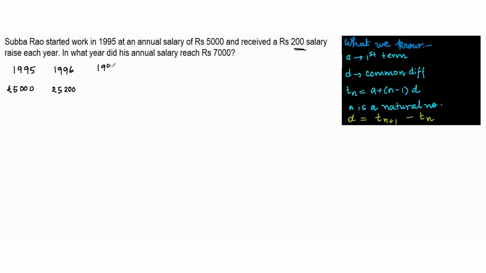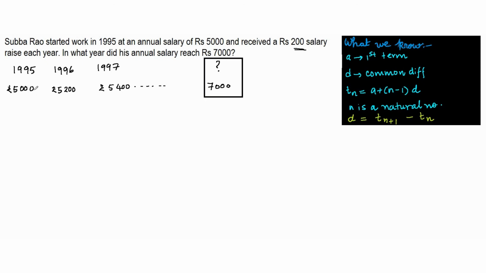Then in 1997, his salary would become rupees 5,400 and so on. This would continue. In what year did his salary reach rupees 7,000, right? This is the question.